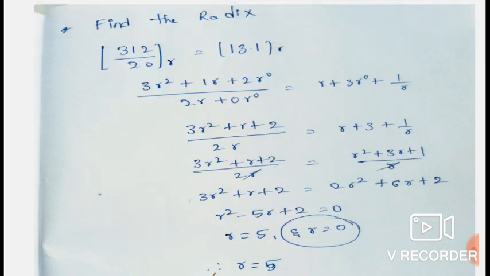We have to multiply 2 with r power 0, and 1 with r power 1, and 3 with r square. The same process we have to do for the denominator, the same process for 13.1. So after doing that, 3 into r power 0 is nothing but 3, 2 into r power 0 is nothing but 2, and 0 into r power 0 will be 0.